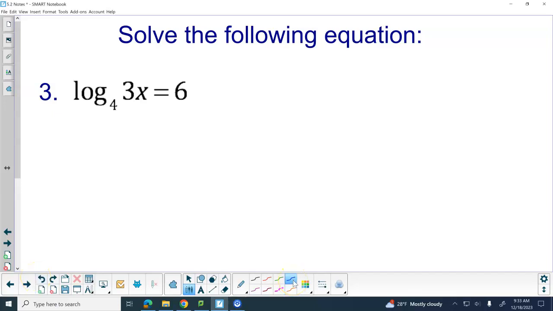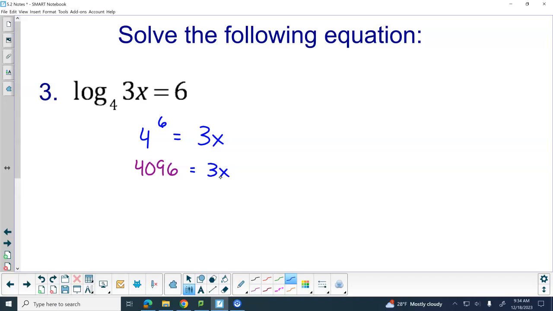Isolated. So I can switch forms with it. 4 to the 6th power equals 3x. 4 to the 6th power is 4,096. 4 plus 0 is 4. 4 plus 9 is 13. 13 plus 6 is 19.